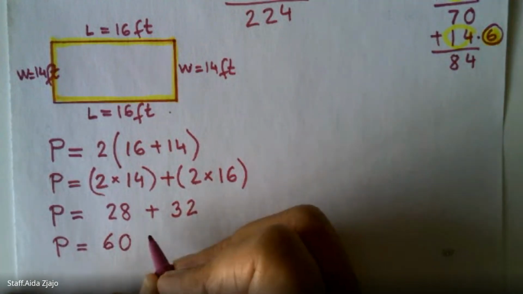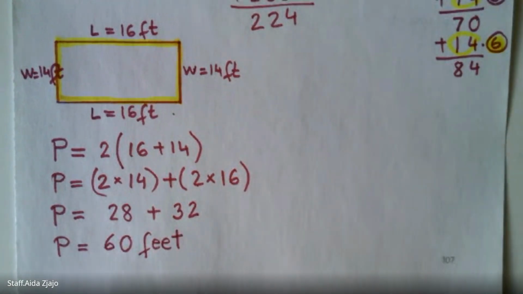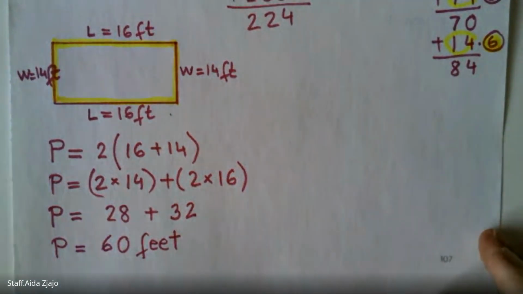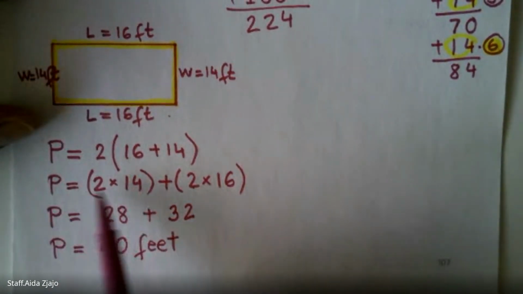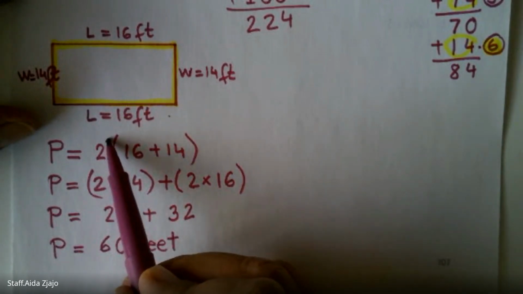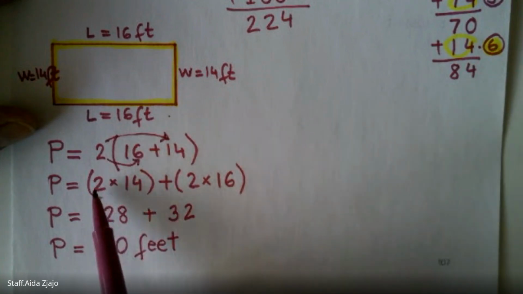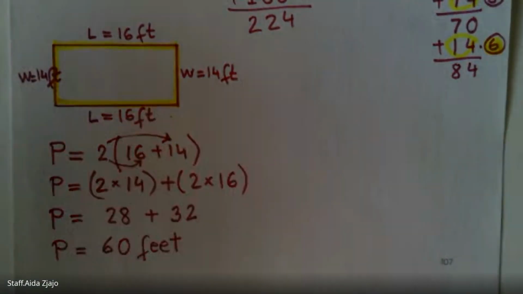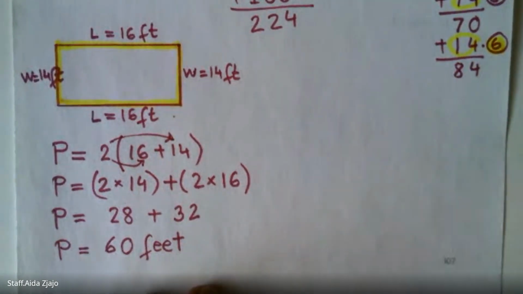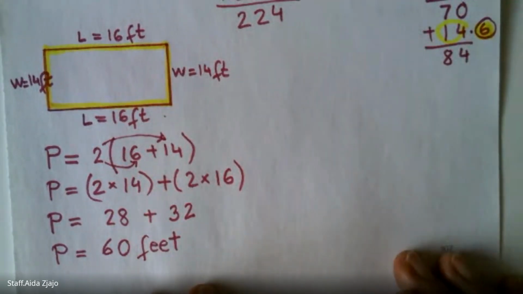So 60 feet is the perimeter of it. And this is the same thing: 2 times 14 and 2 times 16. So this leads to this.